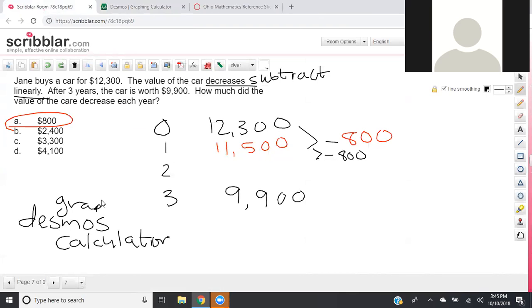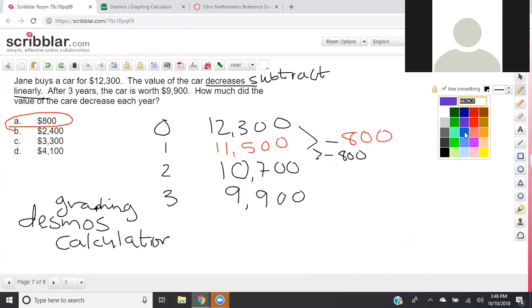So is it 1,700? 10,700. You may have left a zero off somewhere. No, it's a zero. So 10,700. Then we check if we did it one more time, does it take us to the number we want?